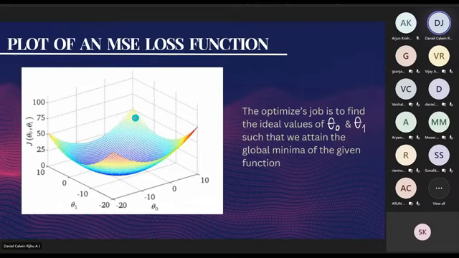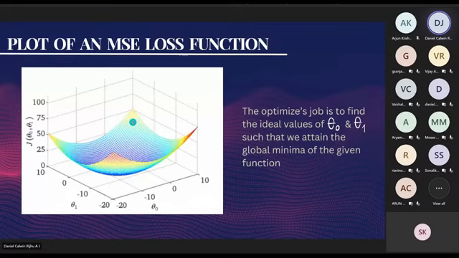After a while, the oscillations will die out, and the ball will come to a rest. That point where the ball comes to a rest is going to be called the stable equilibrium point. And in our case, that is going to be the point where the loss is going to be minimum.